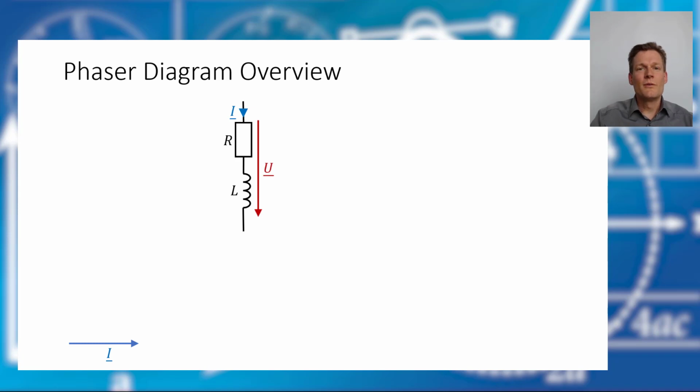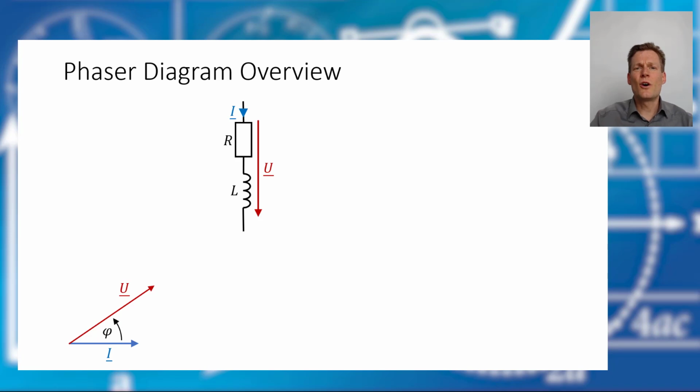And we've already seen the total voltage drop here will look something like this. The voltage will lead, and because we have an ohmic inductive element here, the phase angle would be bigger than 0 degrees. 0 degrees would be the resistor alone, and it would be smaller than 90 degrees because then we would have only an ideal inductor. So it will look like this.